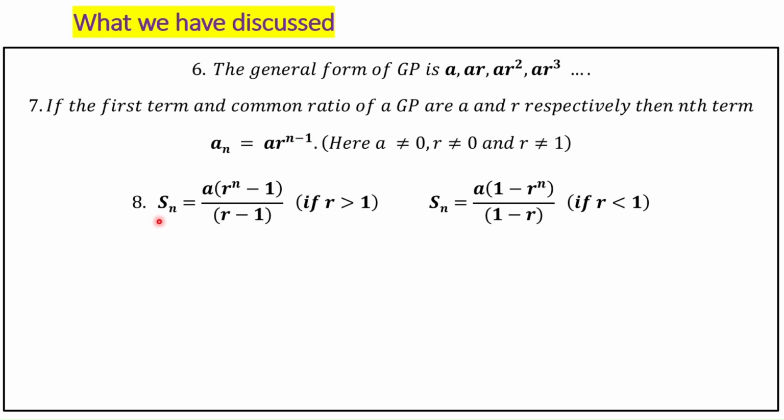The sum of geometric progression terms has two equations: S(n) equals a into r to the power of n minus 1, divided by r minus 1, if r is greater than 1; and S(n) equals a into 1 minus r to the power of n, divided by 1 minus r, if r is less than 1. These are all the formulas and equations which we learnt and used to solve different kinds of problems.